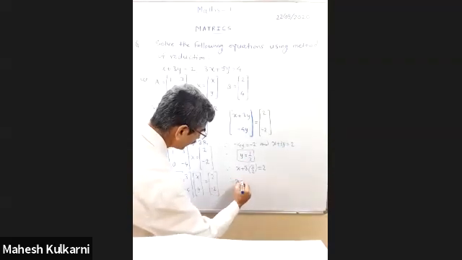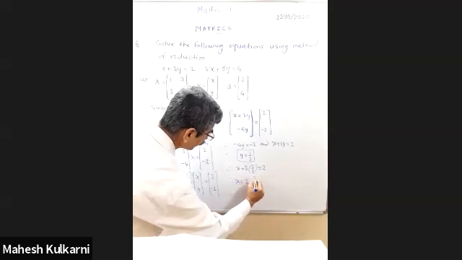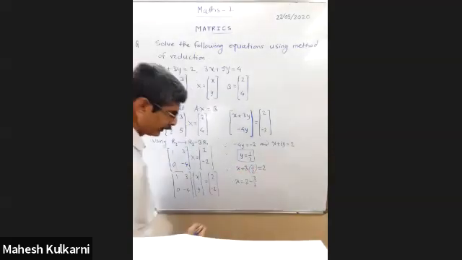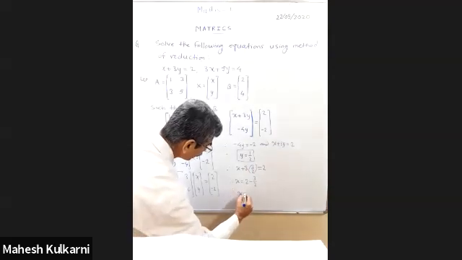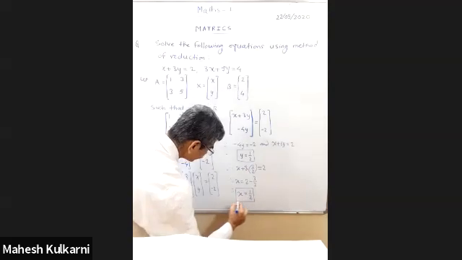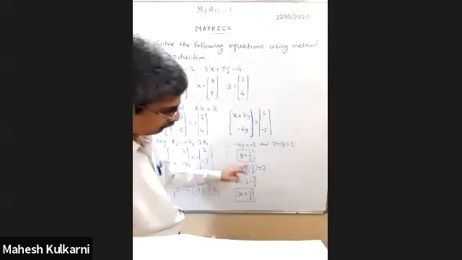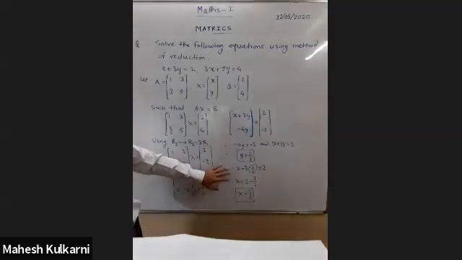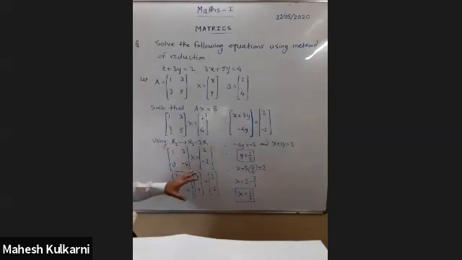Therefore, x is equal to 2 minus 3 by 2, and therefore x is equal to half. X equal to half, y equal to half is the solution for this equation.